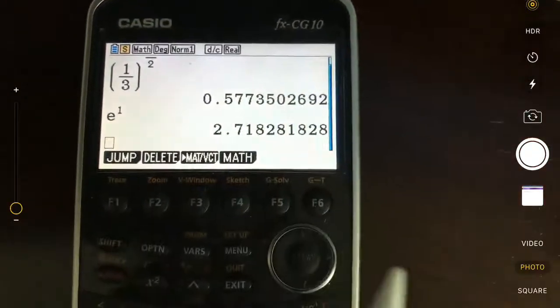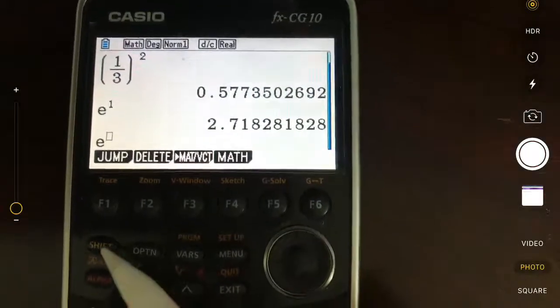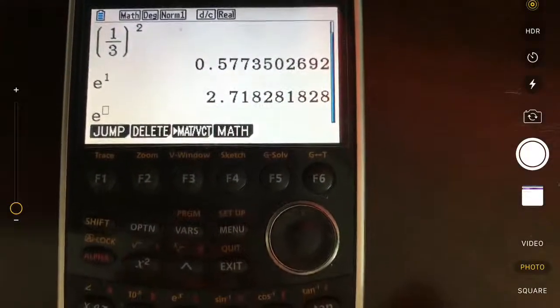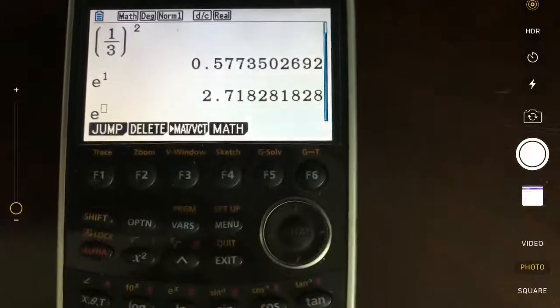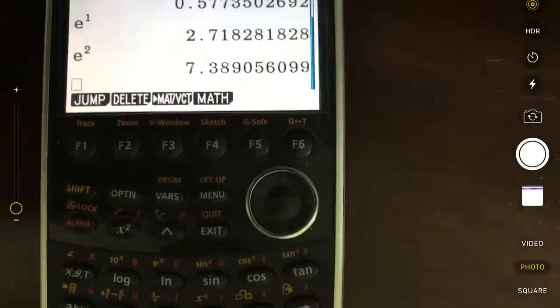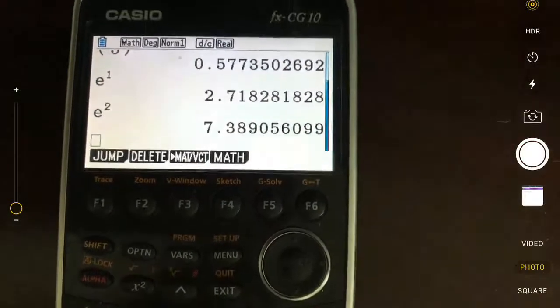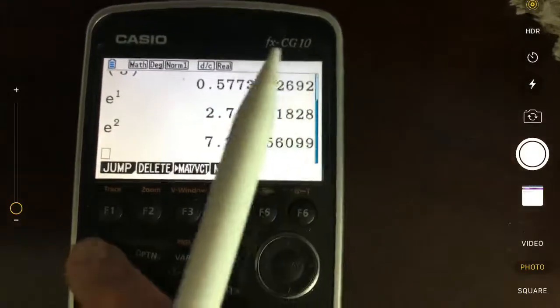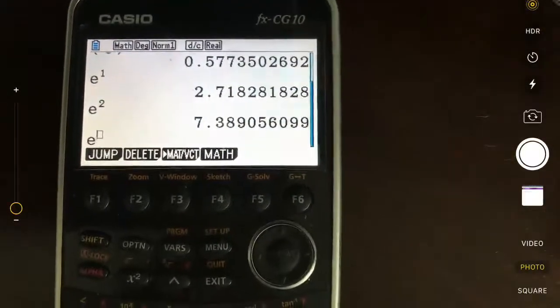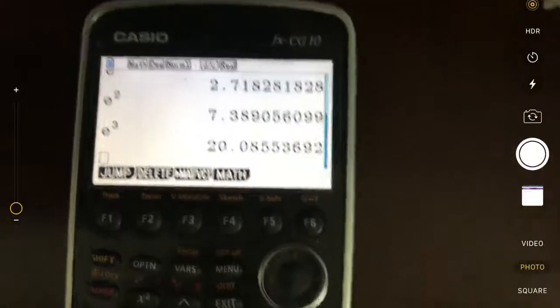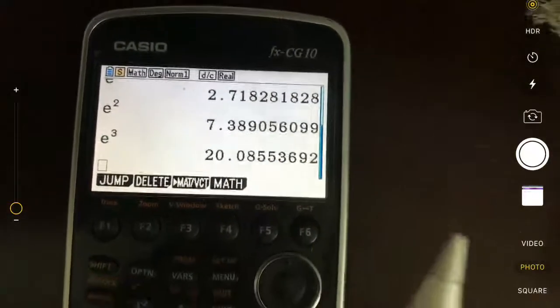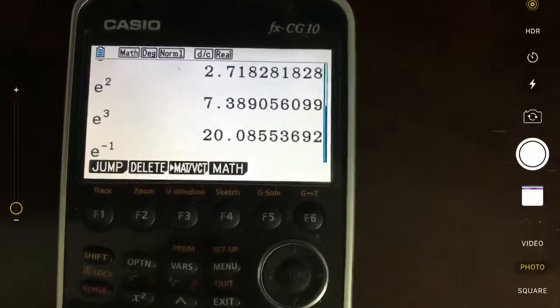If I wanted to calculate e squared, I would hit Shift and then the LN button that brings up the e. Then I would place a 2 in the exponent, and I'd get e squared. And e cubed, I could even do e cubed. Heck, I could do negative exponents. So I could do a -1.